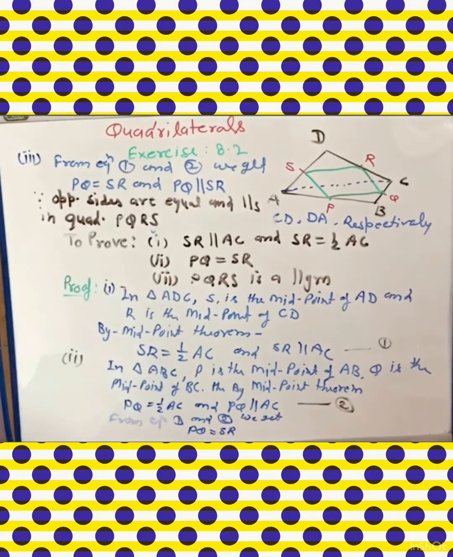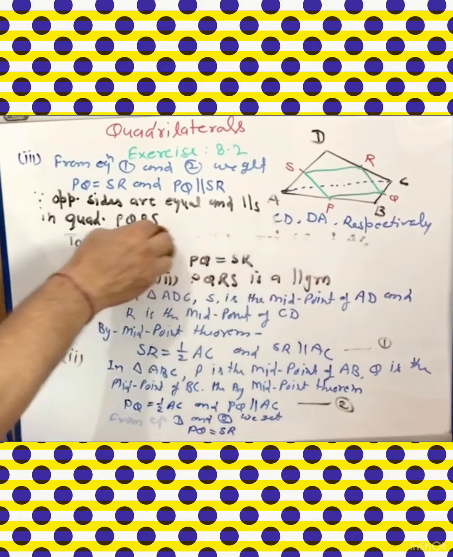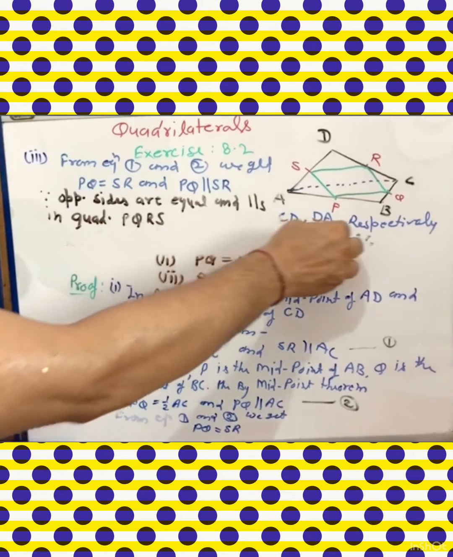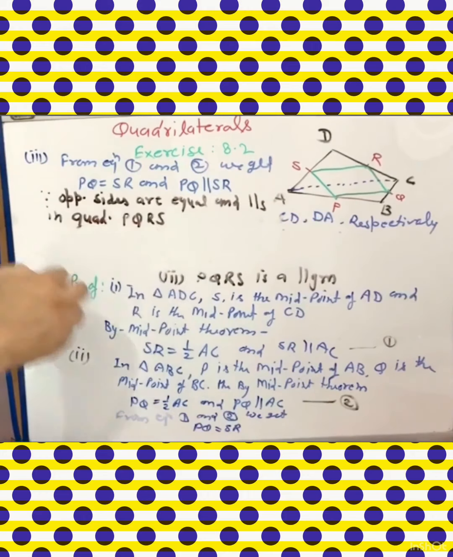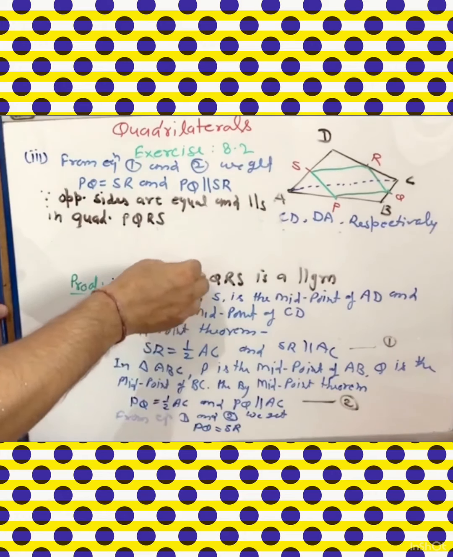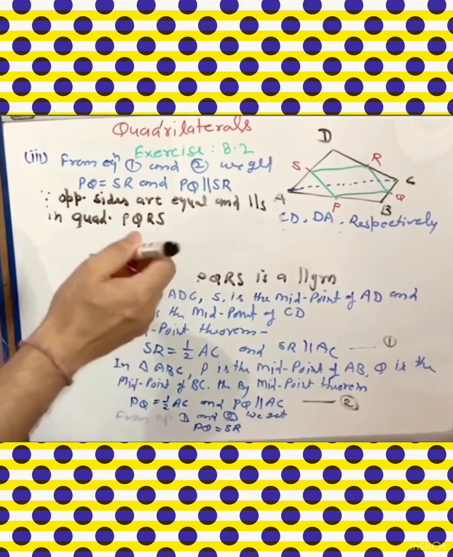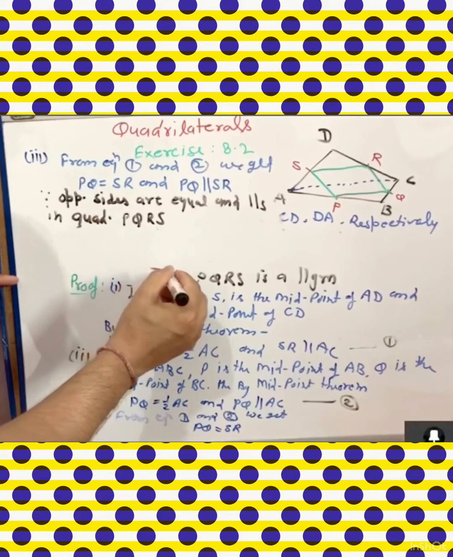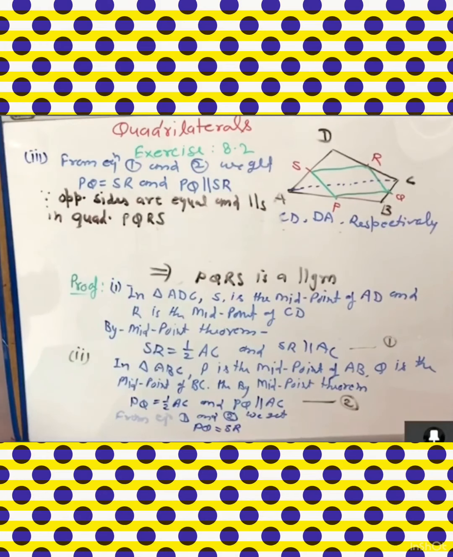PQRS. Therefore, you will get the result that PQRS is a parallelogram. So you will get this result. This implies that PQRS is a parallelogram.